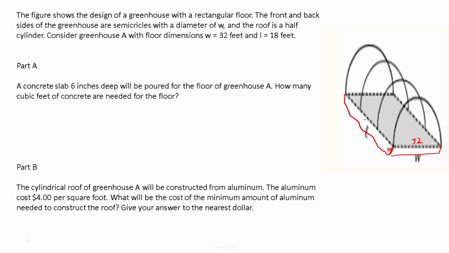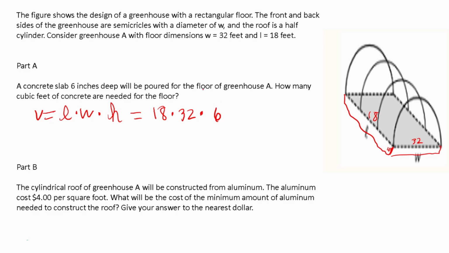So what we have to do in order to find this, very simple, just multiply them all, because the volume of a rectangular prism is length times width times height. So when we plug those in, we get 18 times 32 times 6.